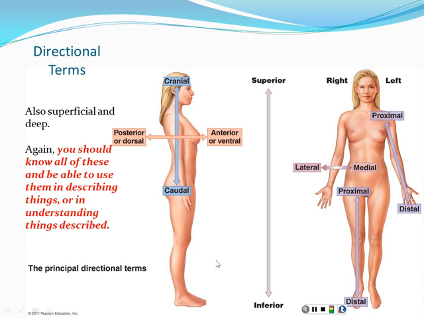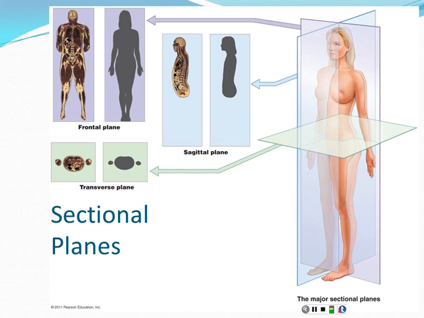So get familiar with these. Try to use them. Where is your knee in relation to your ankle? Well, the ankle is distal to the knee, and the knee is proximal to the ankle. Okay? Because you're going to hear these words over and over again in this course. All right.